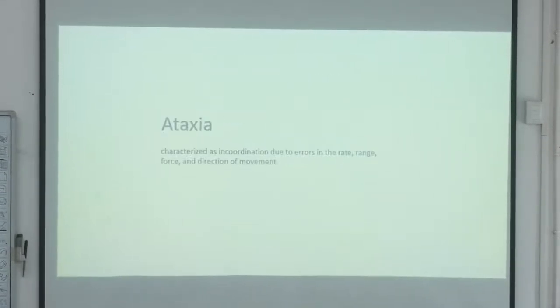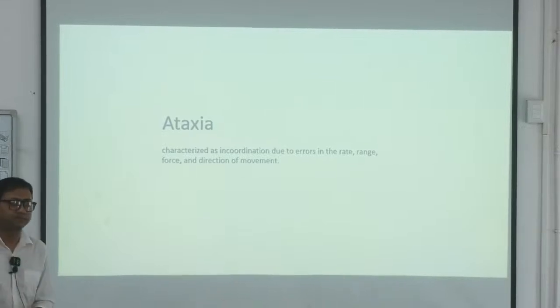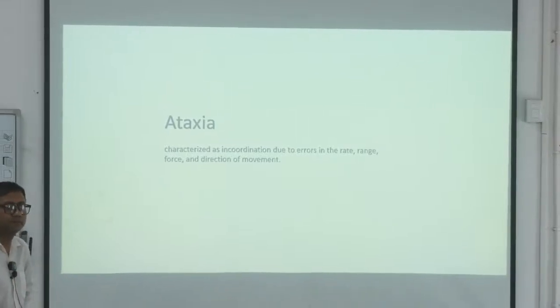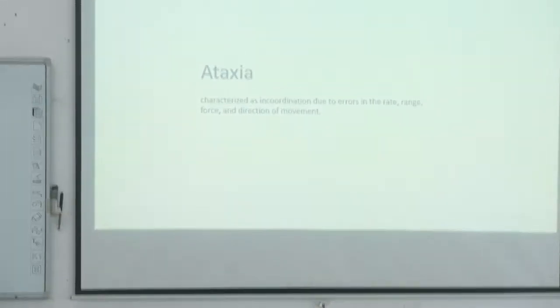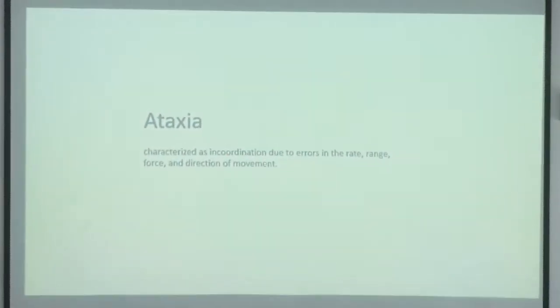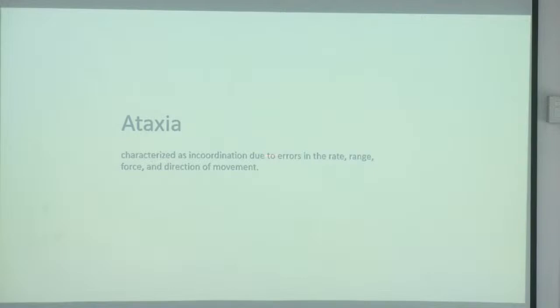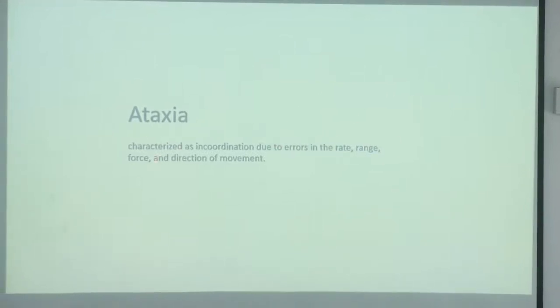Next, ataxia. What is ataxia? By definition, ataxia is characterized as incoordination of movement due to errors in the rate, range, force and direction of movement. This is the definition of ataxia, and you must remember it.